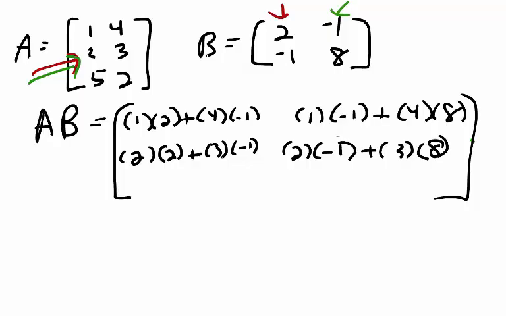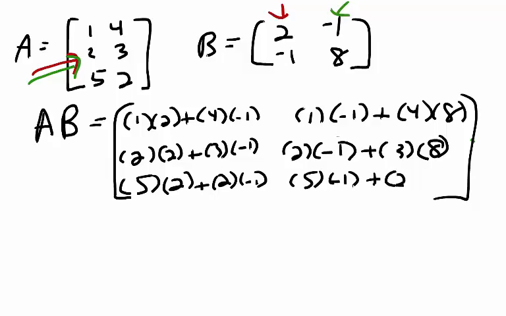Now we're moving on to row 3, column 1. So I have 5 times 2 plus 2 times -1. Now row 3, column 2, 5 times -1 plus 2 times 8. This gives us 2 minus 4, so that's -2.